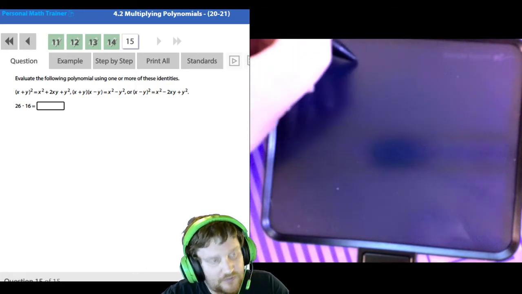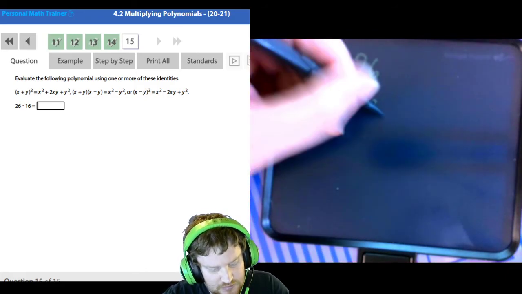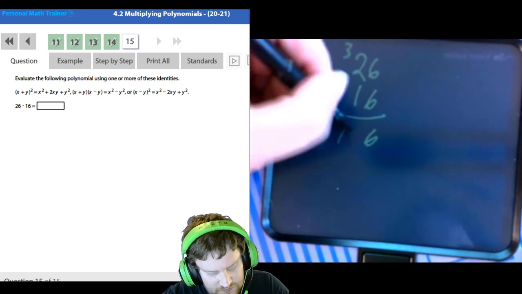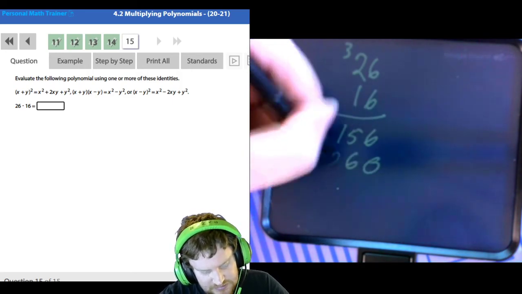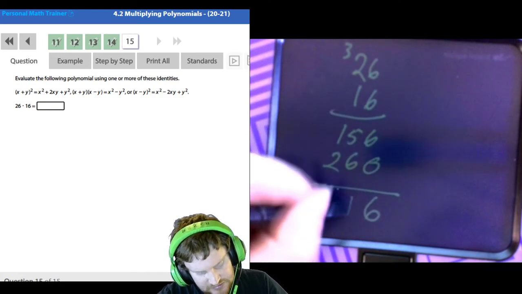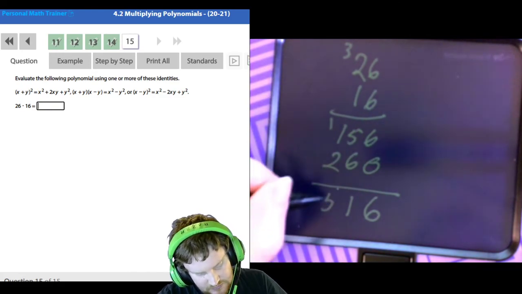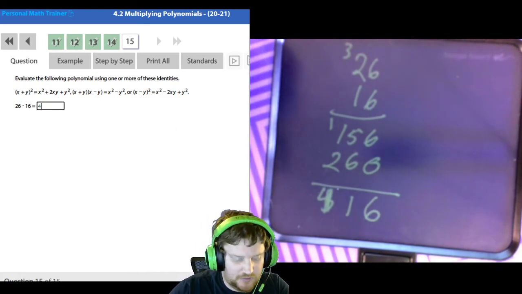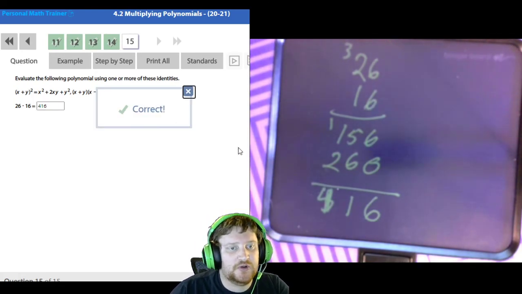I really don't know a faster way to do this one than just the multiplication. I don't know a faster way to do that one. I'm not actually sure what they're looking for there.